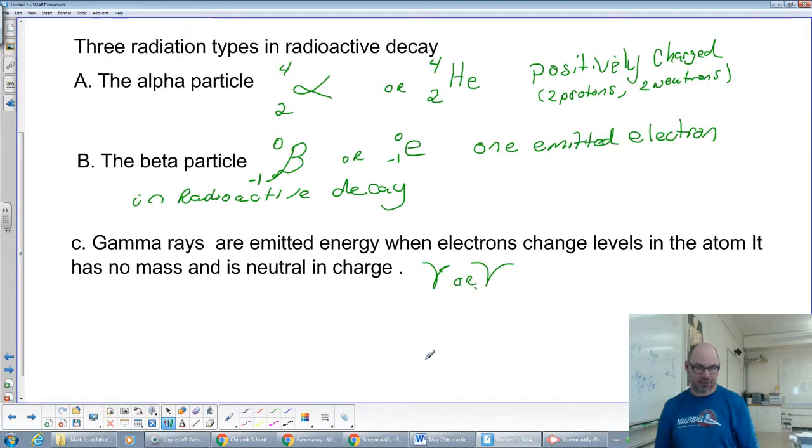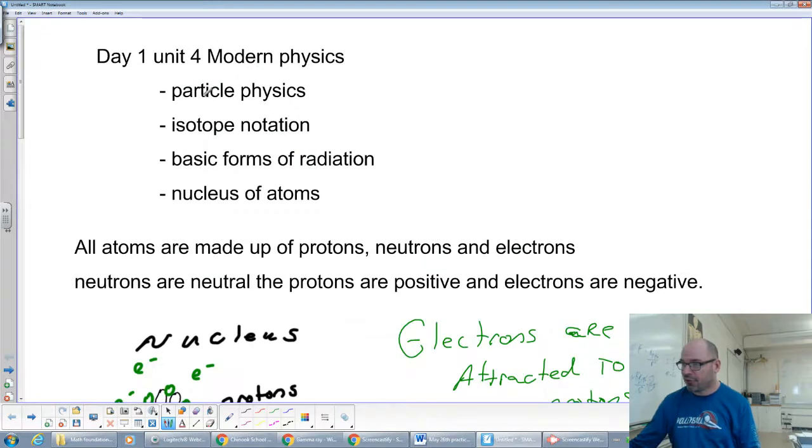Okay, gamma radiation. Now we focus a lot on beta decay and alpha decay because those are the basic energy decays in radiation. Okay, let's take a look at what our outline was today. So we've gotten the particle physics part. We've looked at the basic forms of notation and the nucleus of an atom.